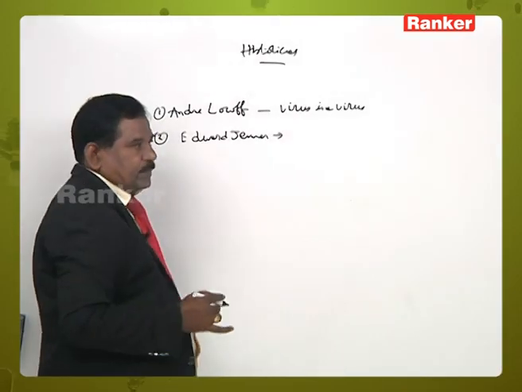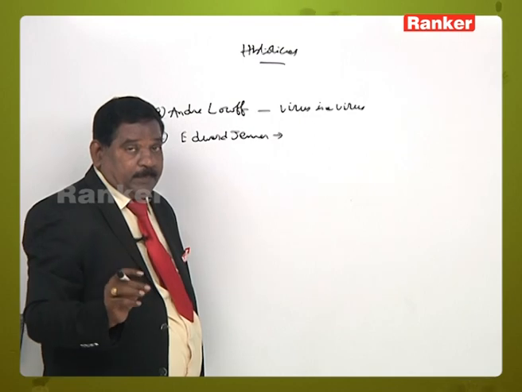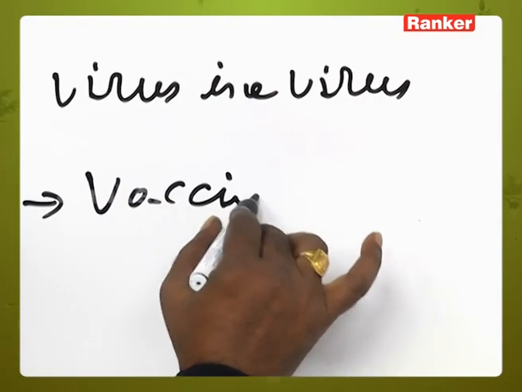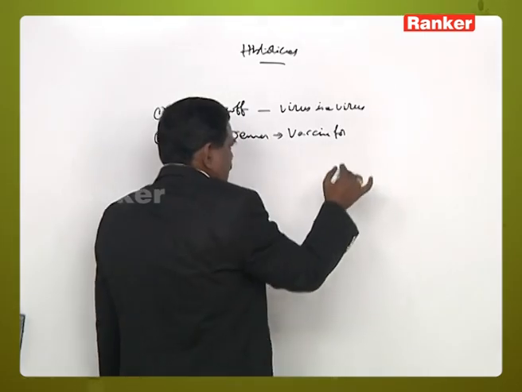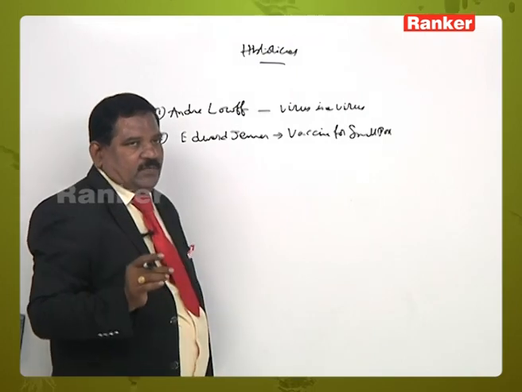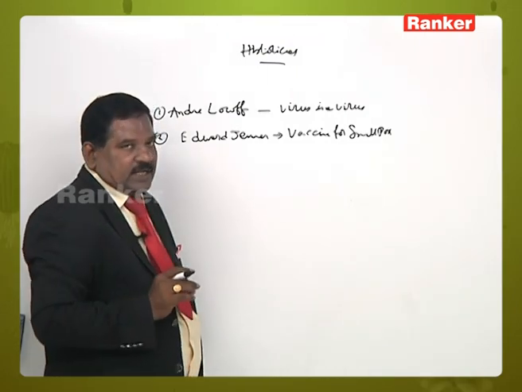Edward Jenner, without knowing the causal organism, was the first person to prepare a vaccine for smallpox. The first vaccine for smallpox was prepared by Edward Jenner.